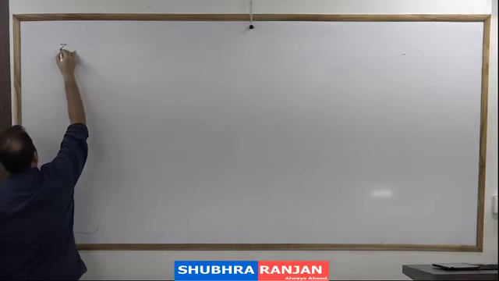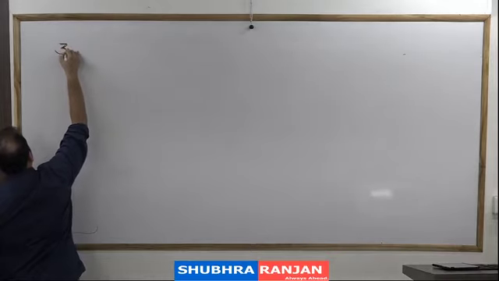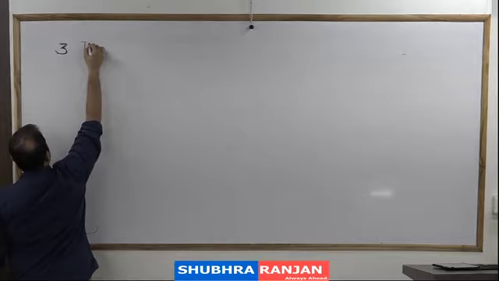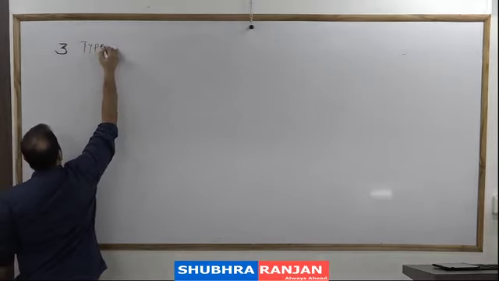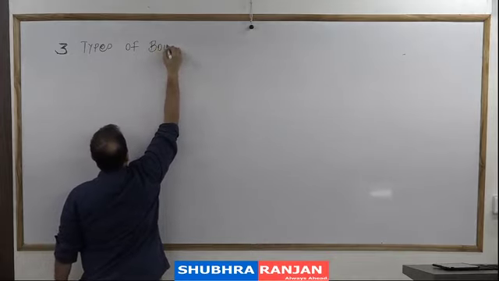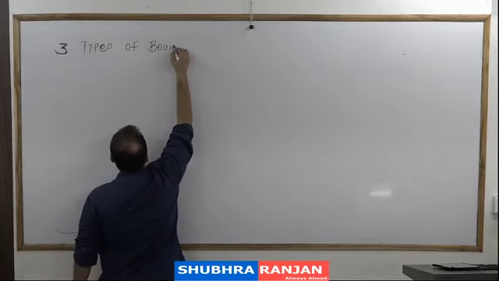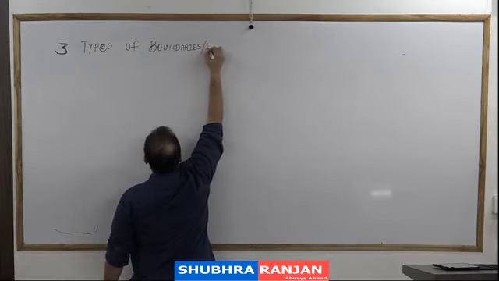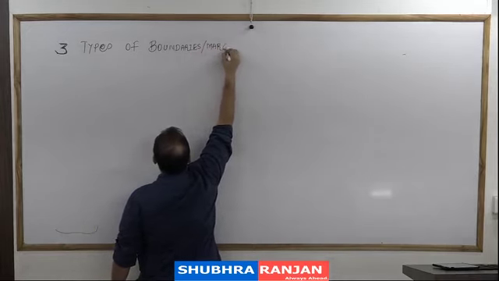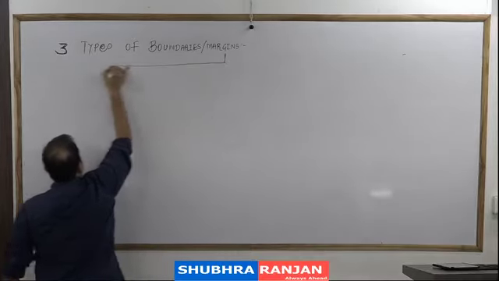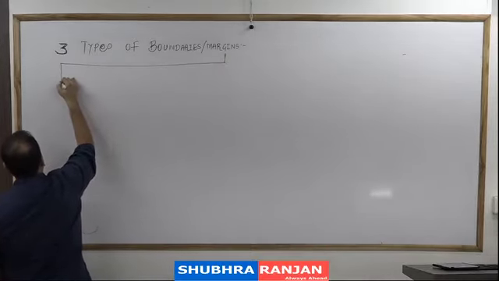This outcome is seen majorly at the boundaries. And there are three types of boundaries or plate margins.